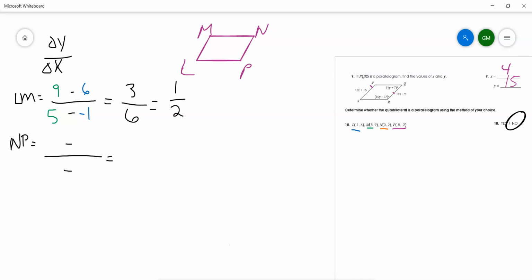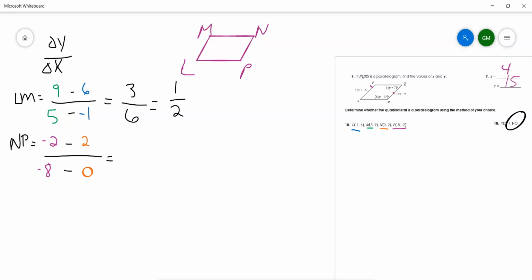All right. So N is 2, 0. And then P is -2 and -8. And you'll notice how I am writing the y's right above the x's. Notice how I have the blue over the blue, the green over the green, orange over orange, purple over purple. It's to make them match up with consistency.